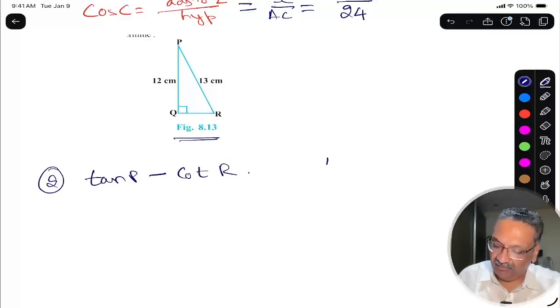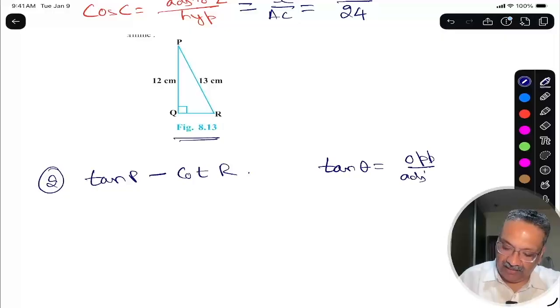Okay, what is the formula for tan? Tan theta is equal to opposite by adjacent. Now for angle P ಯಾವುದು ಇಲ್ಲಿ, angle P ಇಲ್ಲಿದೆ ಮೇಲ್ಗಡೆಗೆ, ಕರೆಕ್ಟಾ? ಇದ್ರದ್ದು ಆಪೋಸಿಟ್ ಯಾವುದು? Angle P ದ ಆಪೋಸಿಟ್ is QR.